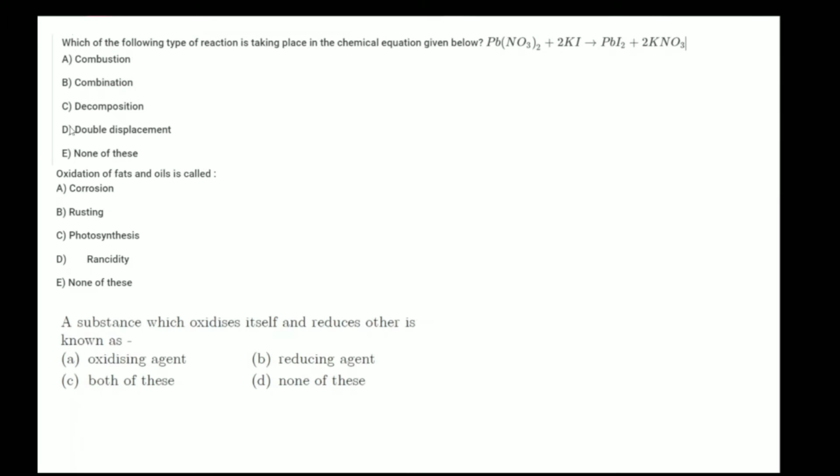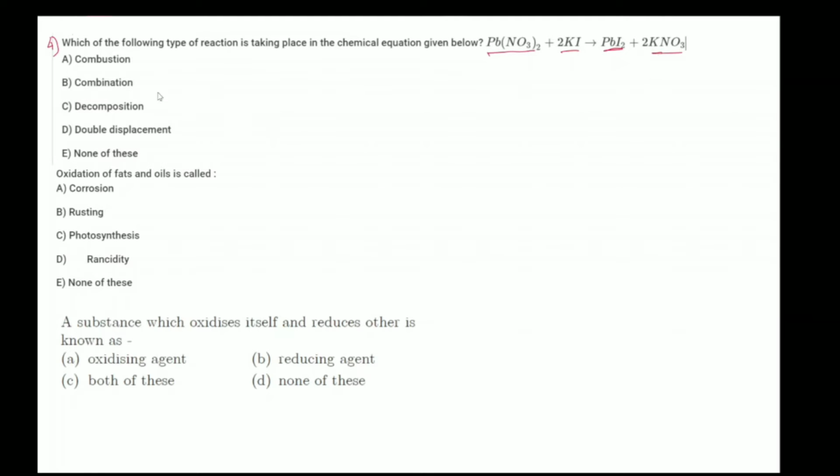We have the fourth one. Which of the following types of reaction takes place in the chemical equation given below? We have Pb(NO3)2, lead nitrate, combining with KI, potassium iodide, giving you lead iodide, PbI2, and KNO3, potassium nitrate.